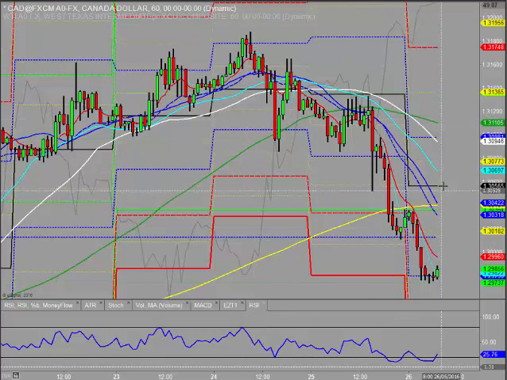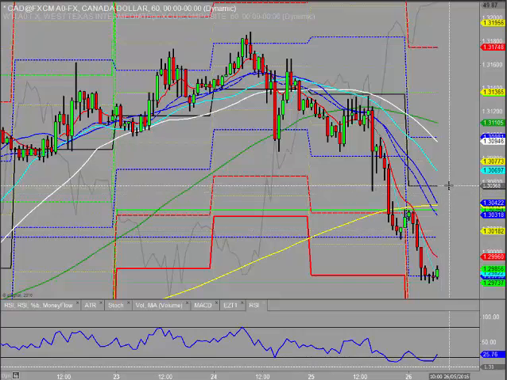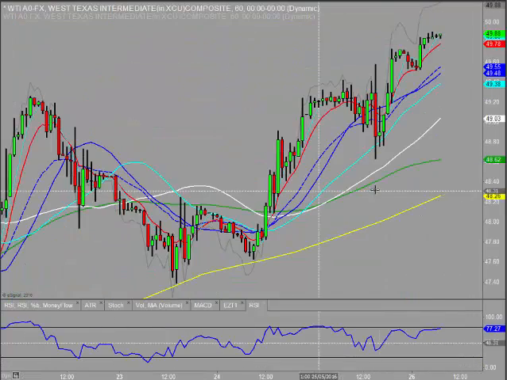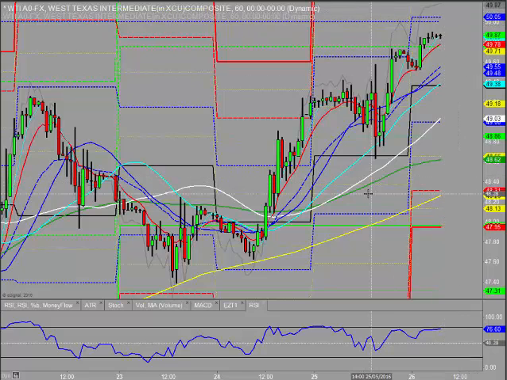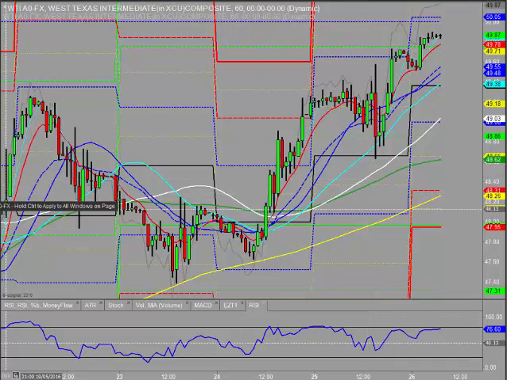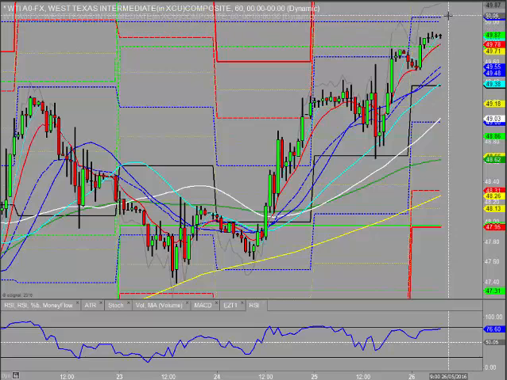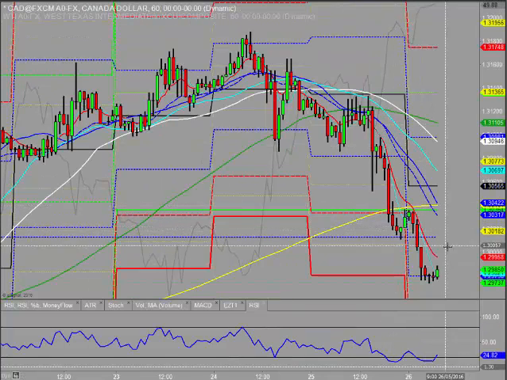Now, unlike some of the others, we haven't hit the daily pivot. So if there was any sort of correction at the $50 mark exactly, in fact, let's just look at oil. If it was to run into this resistance at $50, the monthly R1 and the daily R1, that could see a bit of a change of shape in the Canadian dollar, and of course it's a key number of $50.